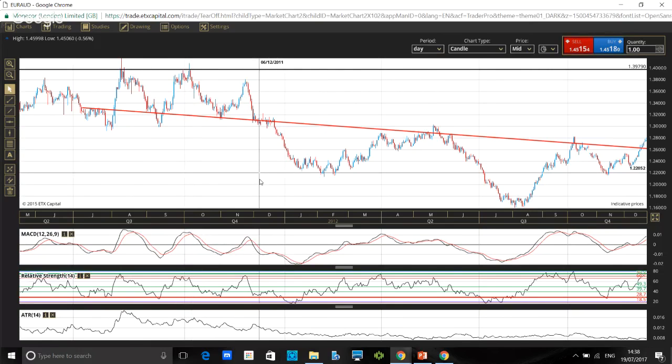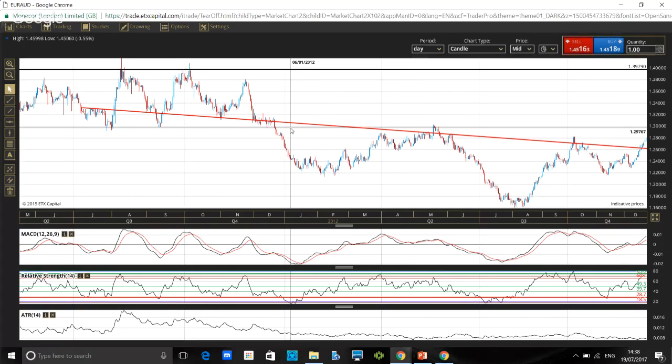Now, the importance of having the trend line on the chart, identifying the level of trend on the chart, is that we are building a set of psychological rules for ourselves for getting into a trade.